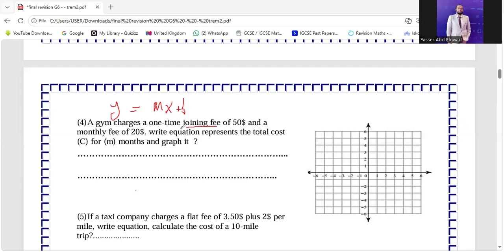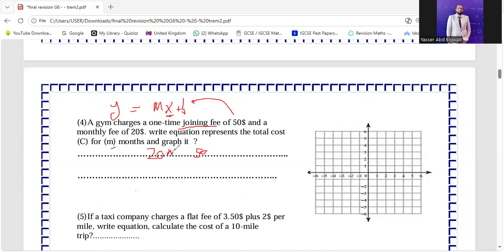Here is b, the number, so just write 50. After that, what happened? There is a monthly fee. Monthly means per month. The fee is 20, but 20 goes beside x or m, whatever, because the variable here is m, month.